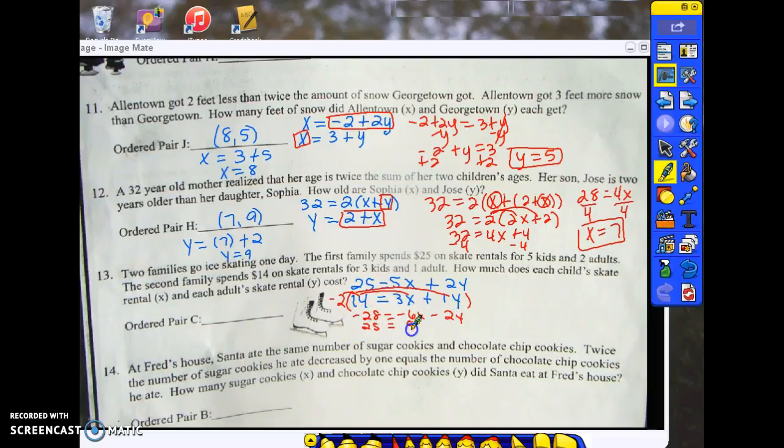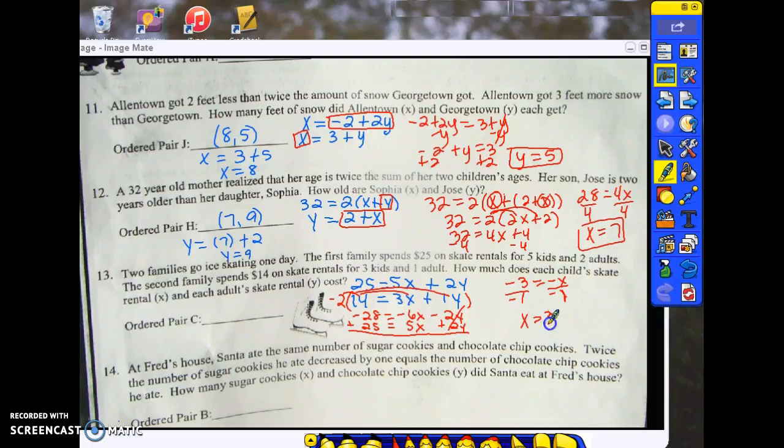I add my first equation to this. -28 plus 25 is -3. -6x plus 5x is -x. And -2y plus 2y is 0. Cancels itself out. I can't have a -x, so I divide by -1 on both sides.